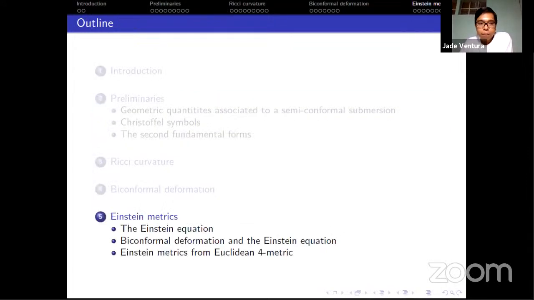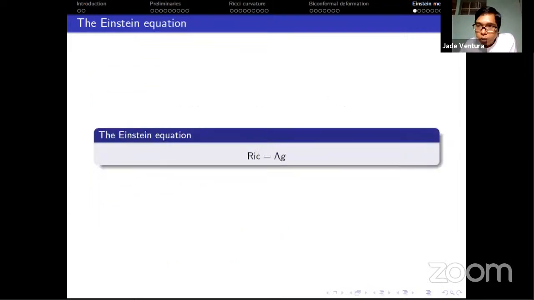For the third main part, we talk about Einstein metrics. In the Riemannian context, we are in the Riemannian context today. This is the Einstein equation, Ric equals lambda G. A metric that satisfies this equation is called an Einstein metric. So if G satisfies this equation, it's called an Einstein metric.